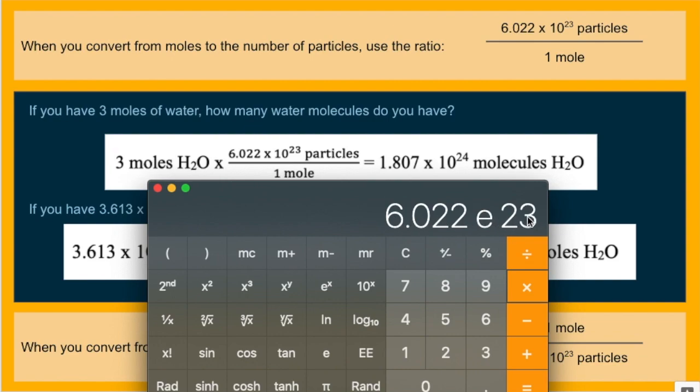So this right here, 6.022E23, is the same thing as 6.022 times 10 to the 23rd. Then I'm going to hit equal, so it multiplied it by 3, and so this is my answer. If I check it with this, it's the same, because remember the E stands for times 10, and then this would be the superscript, this upper number that we're taking it to the power of.